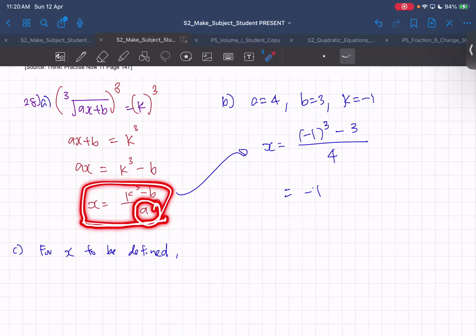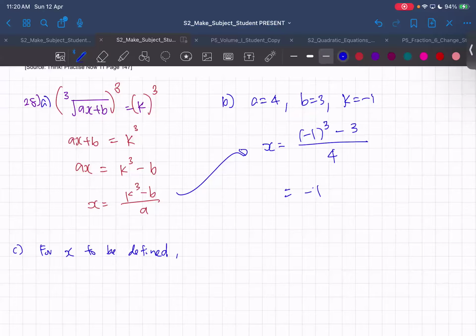Or you can use a calculator. You press 2 over 0. What do you get? Just as an example, 2 over 0. Error, right? Because you cannot divide. You cannot have a 0 in a denominator. So in order for X to be defined, just now what did you learn?